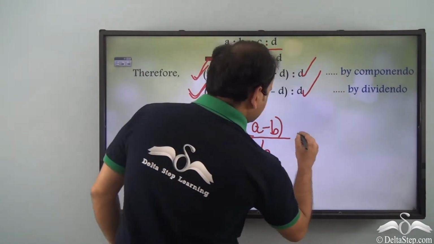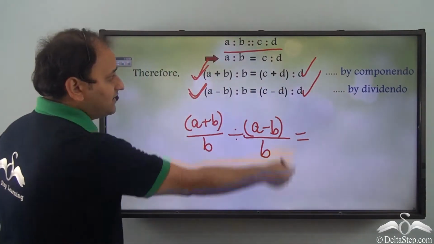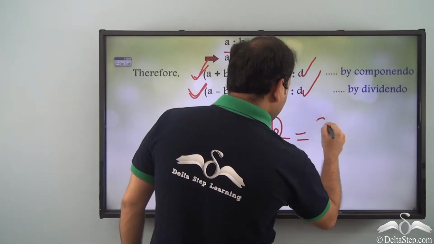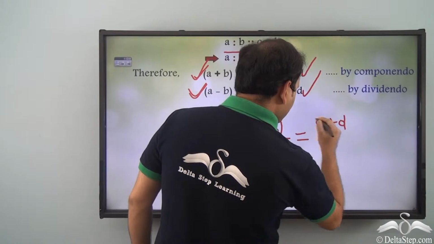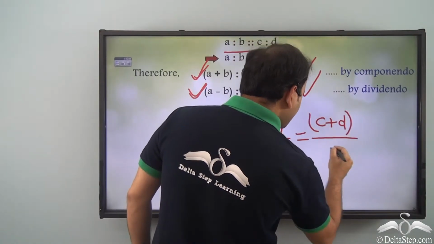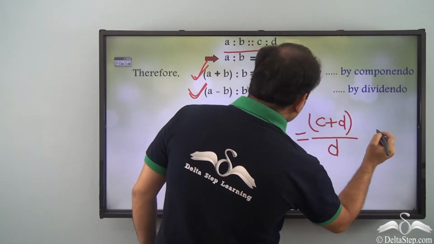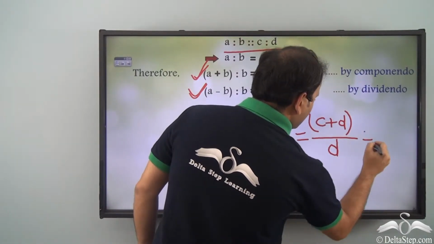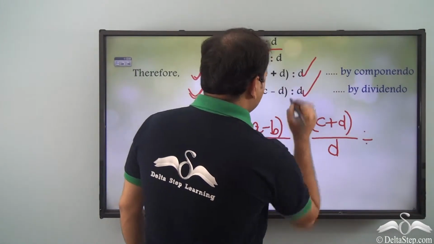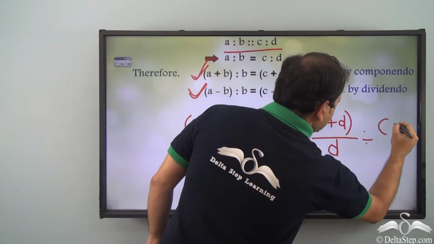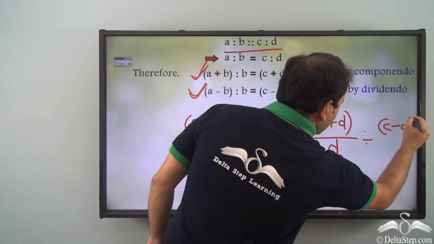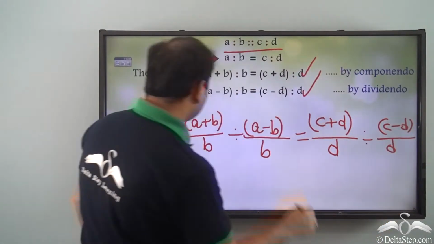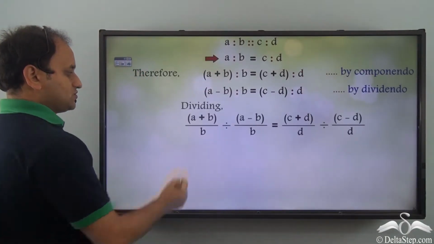Similarly, we divide the RHS. So, C plus D is to D, C plus D by D, divided by C minus D is to D. C minus D is to D can be written as C minus D by D. So what do we get?